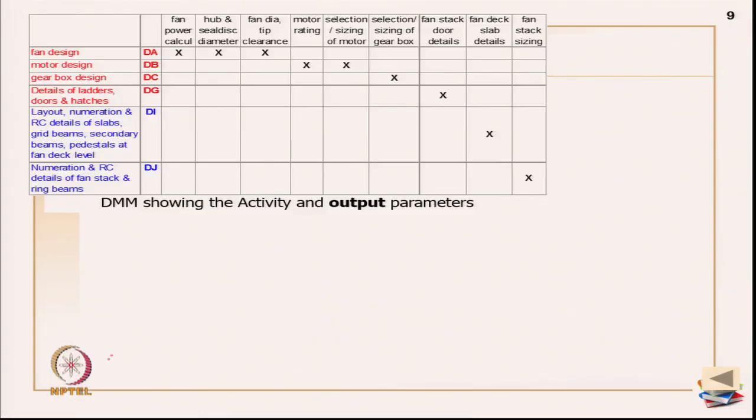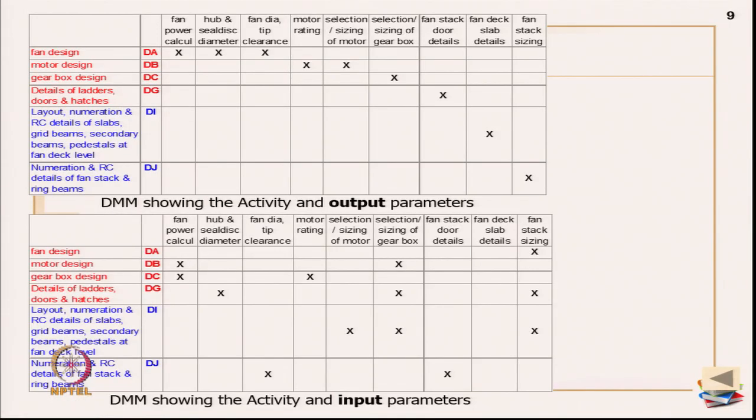DMM stands for domain mapping matrix. Okay. The DMM is primarily a domain mapping matrix, which has a rectangular shape, it is not a square, wherein it maps relationships between 2 entities. So, here it is primarily a list of activities on the rows, and along the columns I have a list of parameters.